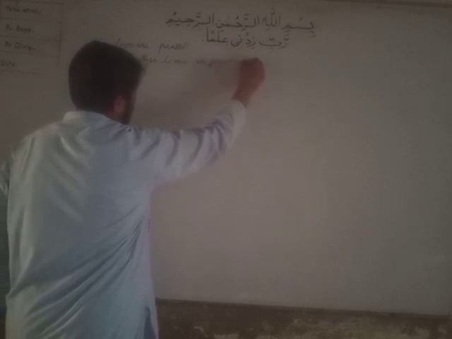So we can say m1 is equal to m2. If we have two lines here, this line and this line, these are the parallel lines.